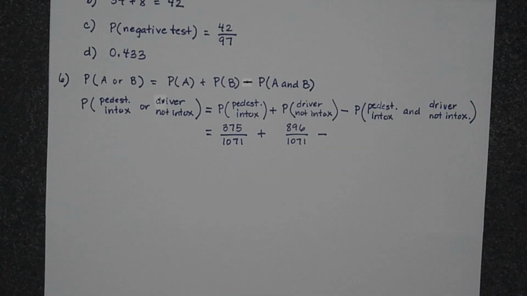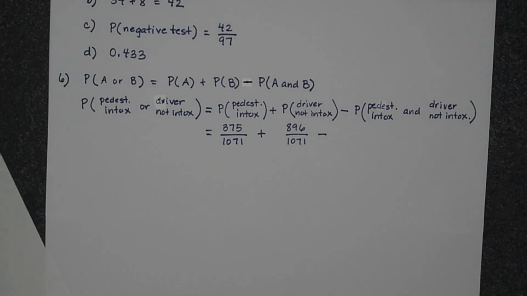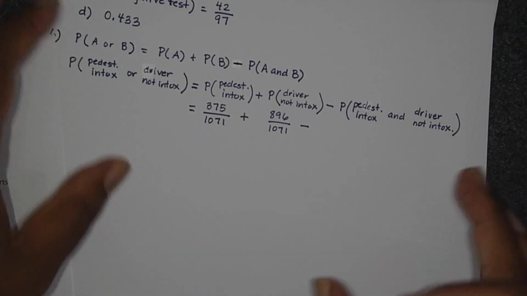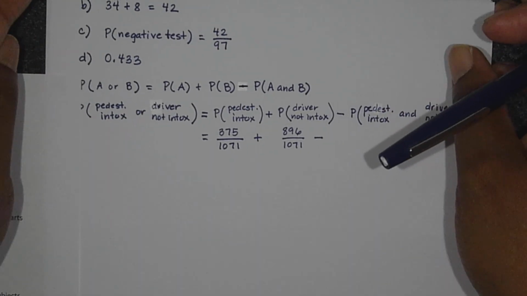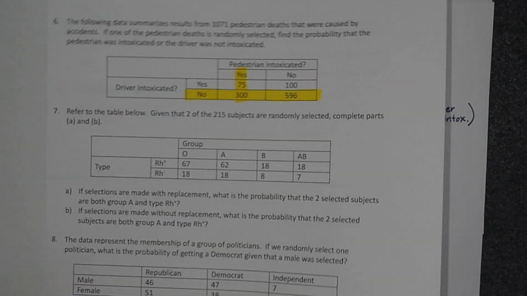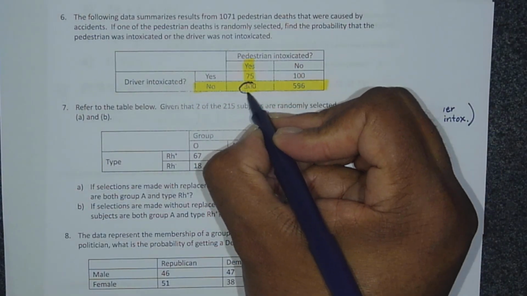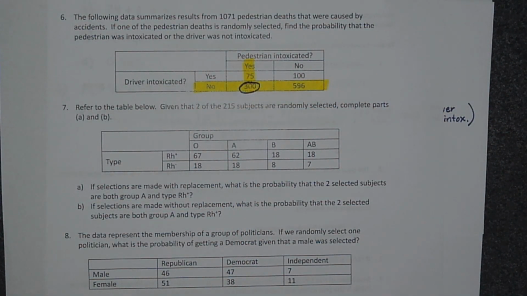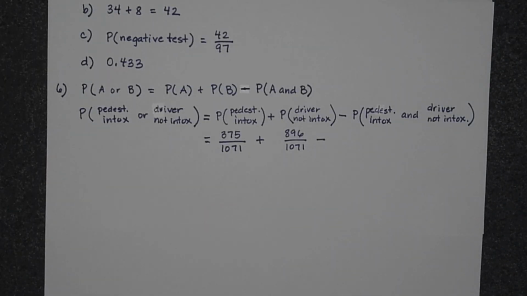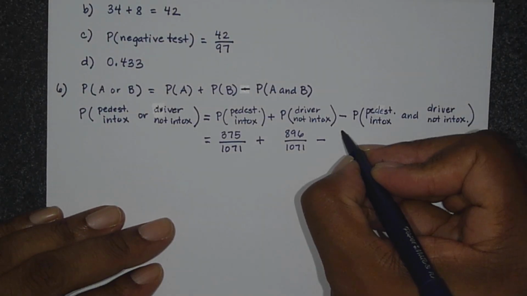Minus. Now, we're going to find what's in common for both the pedestrian being intoxicated and the driver not intoxicated. In this case, here's that intersection right here, 300. Where the pedestrian was intoxicated and the driver not intoxicated. That's 300. Because that's the overlap.